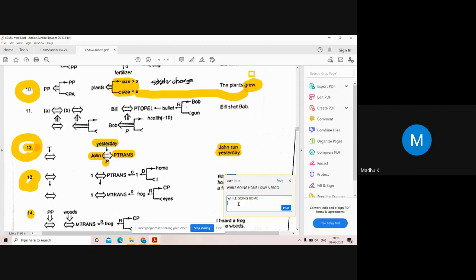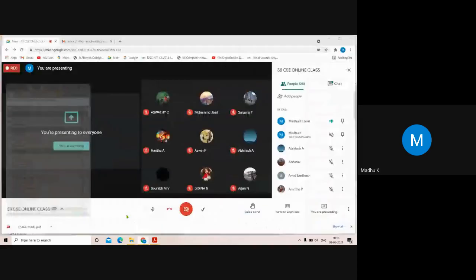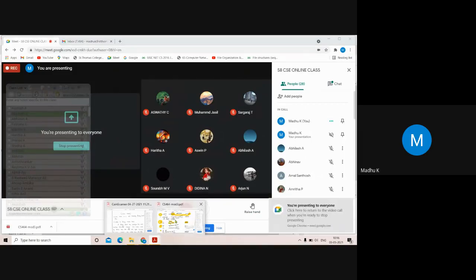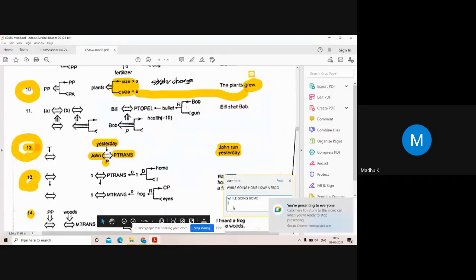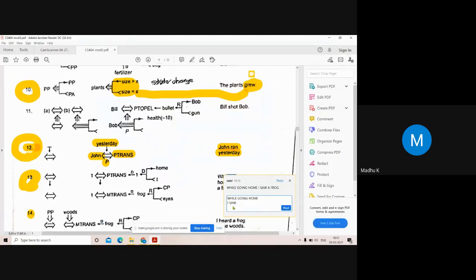Next is I saw a frog. So if a sentence contains more than one simple sentence like this, we need to apply rule 13.